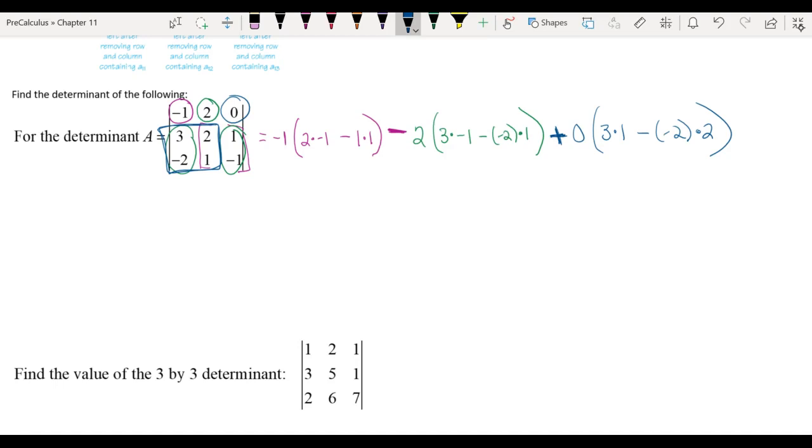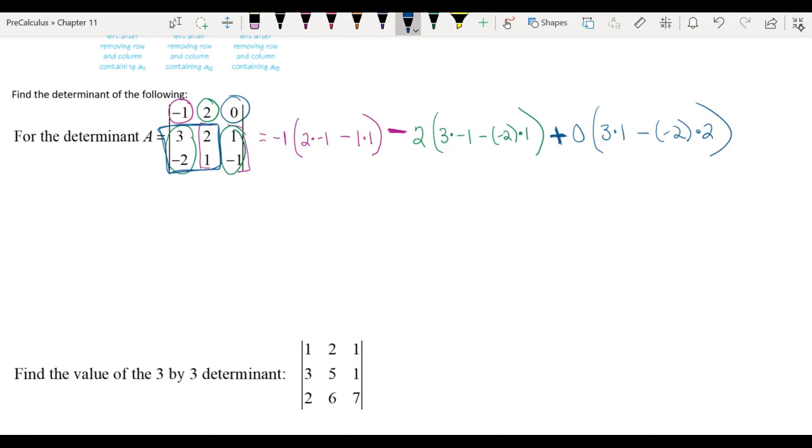It's just the order that it is. The reasoning is the first one was positive, the second one was negative, the third one's positive. If you had a 4x4, you would go positive, negative, positive, negative. You just keep alternating.